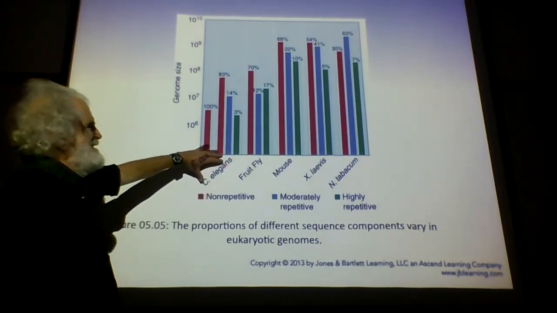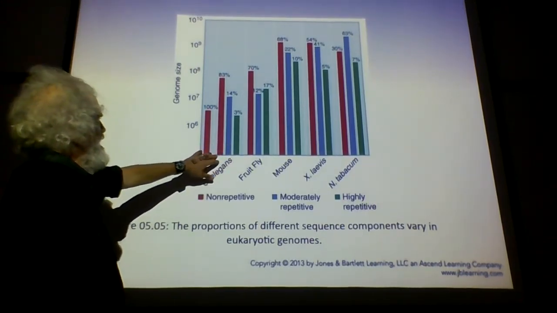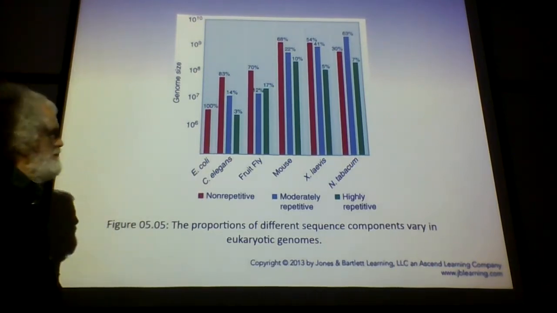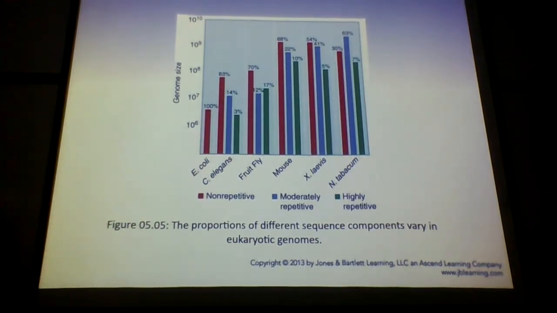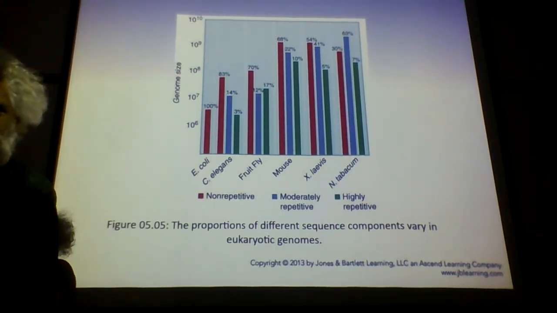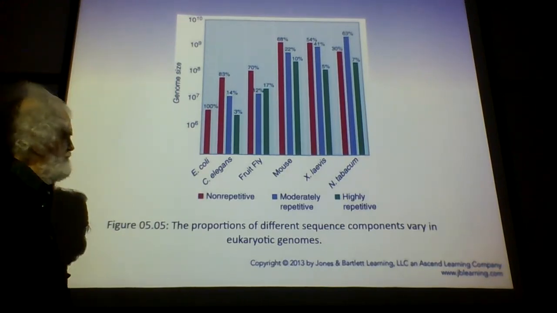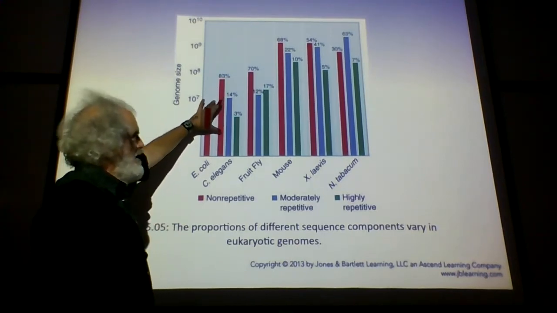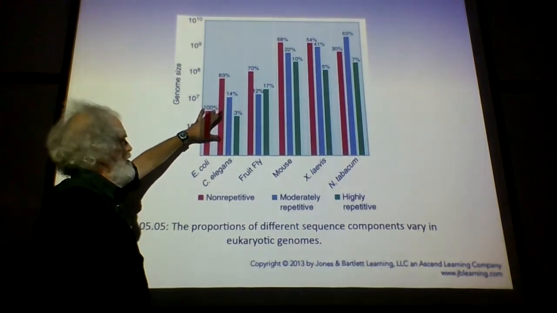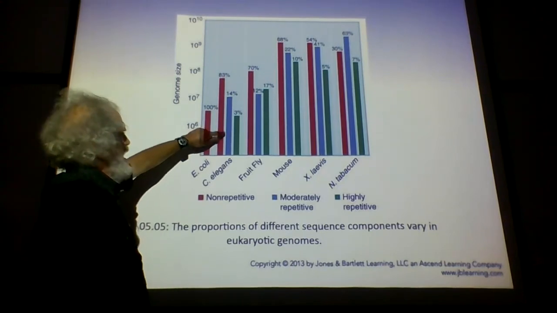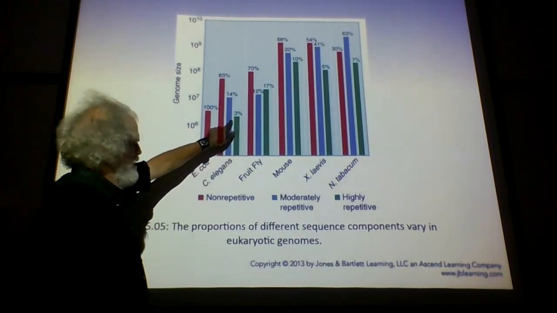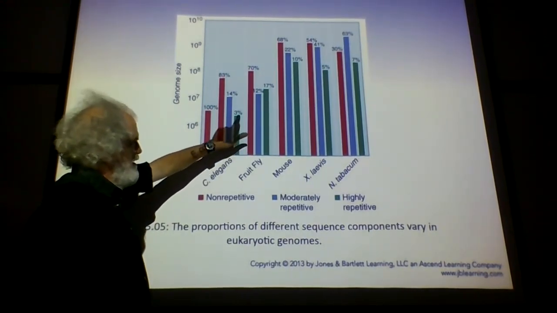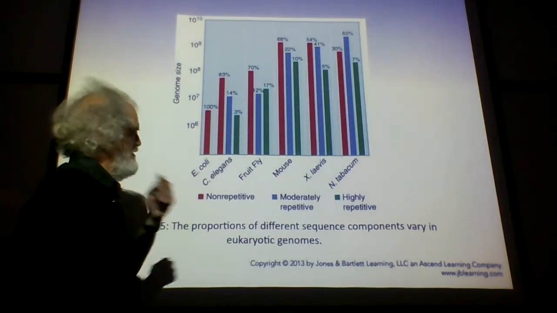The nematode C. elegans is a good model system. It's got a genome size now that's between 10 to the 7th and 10 to the 8th nucleotides. A solid order of magnitude, almost 2 orders of magnitude bigger than E. coli. And it shows a fairly high concentration of non-repetitive DNA, and then we've got moderately repetitive, and then a very small portion of highly repetitive DNA.